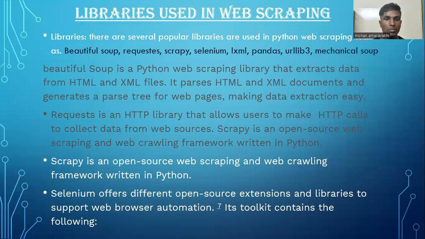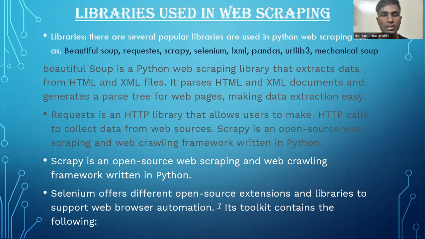Libraries used in web scraping in Python include Scrapy. Scrapy is an open source web scraping and web crawling framework written in Python. Beautiful Soup is a Python web scraping library that extracts data from HTML and XML files; it parses HTML and XML.